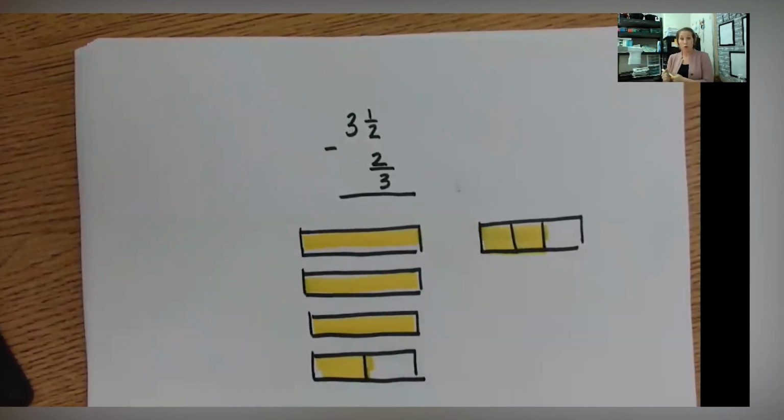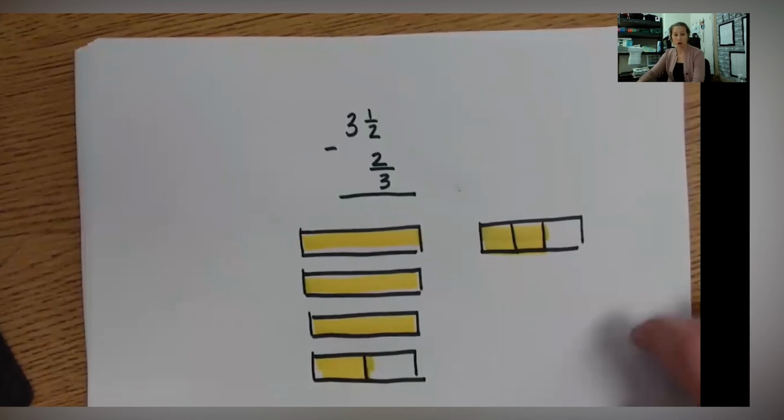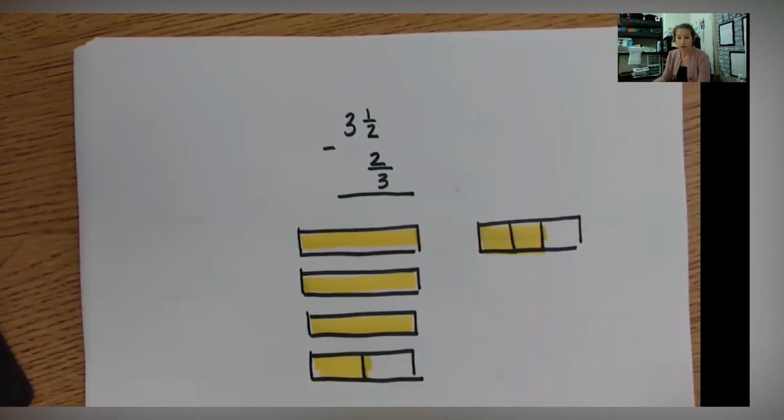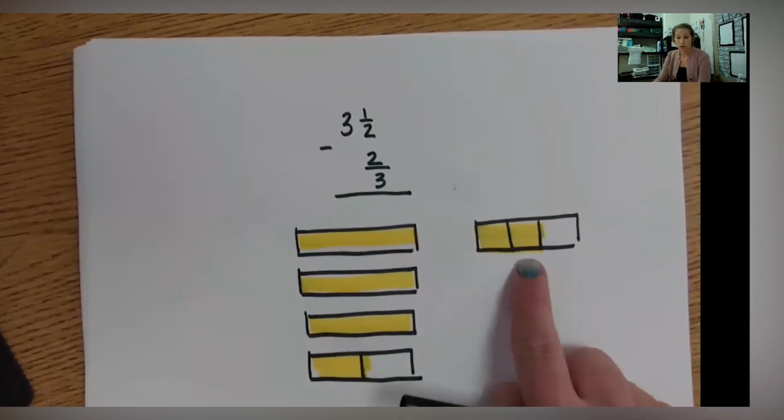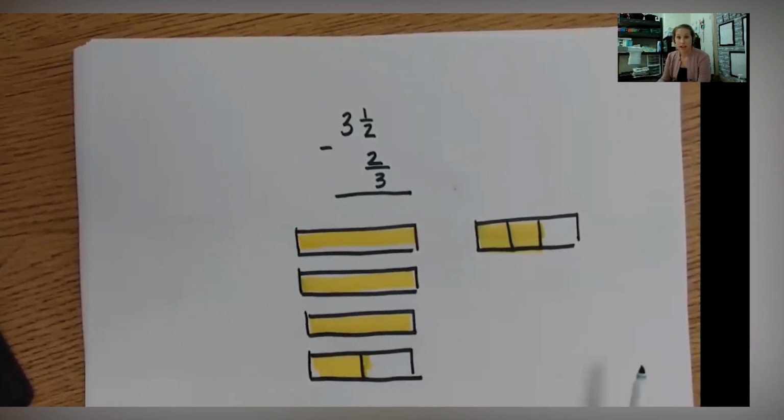Did you draw 4 rectangles, shade in 3 to represent the 3 wholes, and then cut your last one in half and shade in 1 of the 2? Did you do 2/3, 2 out of the 3? How did you subdivide those?